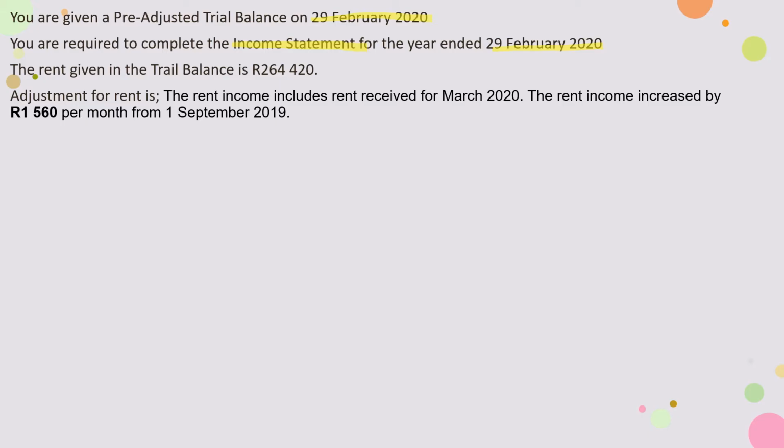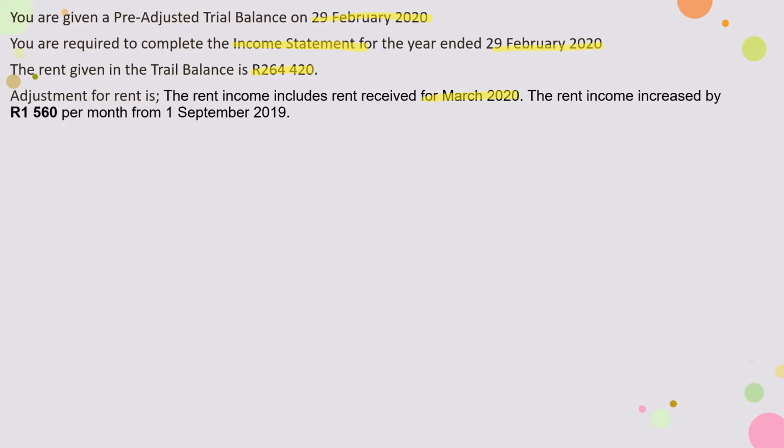The rent given in the trial balance is 264,420. The adjustment for rent is that the rent income includes rent received for March. So the 264,420 includes rent for March 2020, which will be the next financial year.